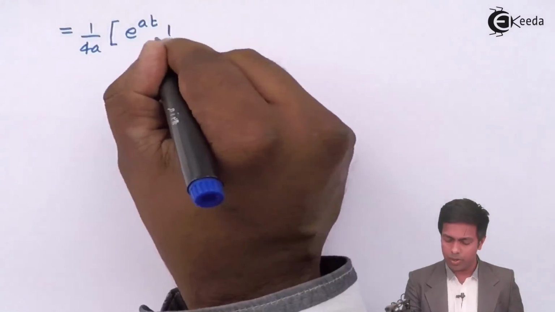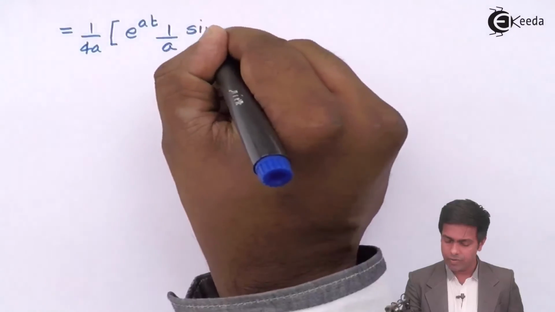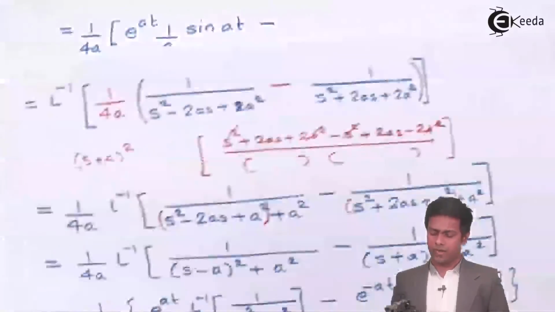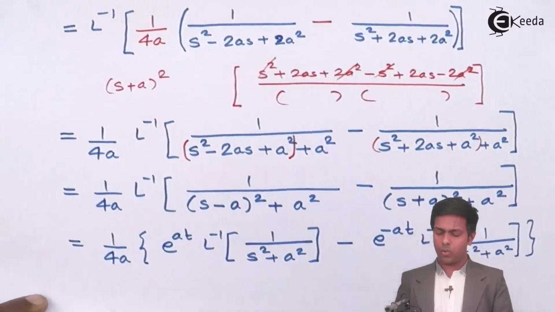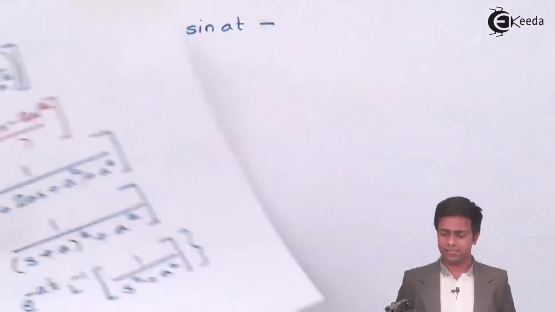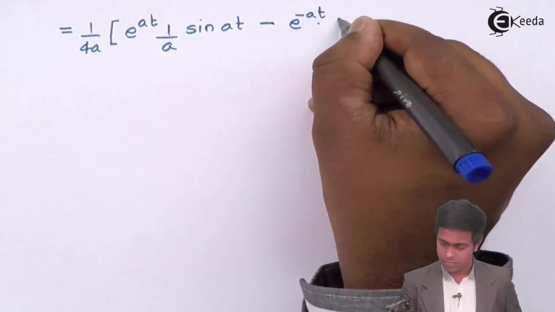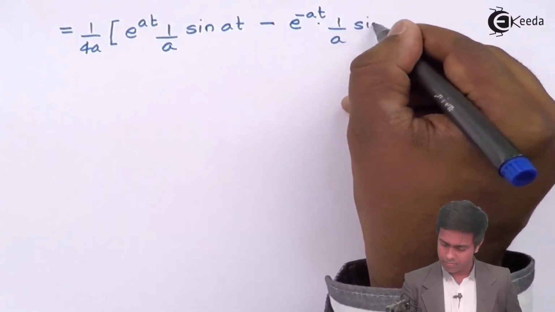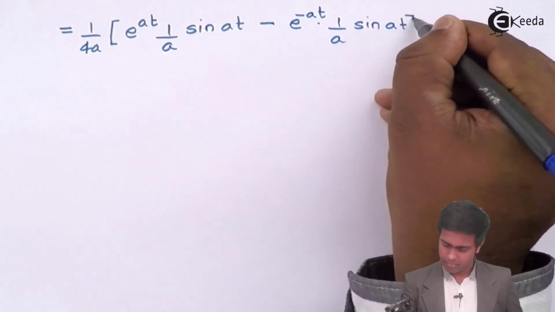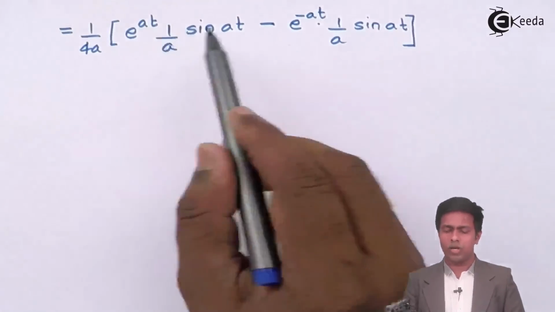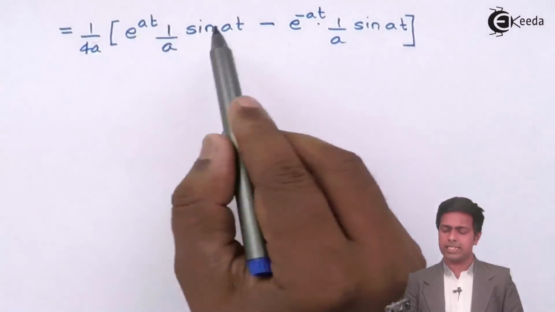So this is 1 by a sine of at. Similarly, here we will get e to the power minus at, 1 by a sine at. Now guys, from these two terms, I'll take 1 by a common and sine at common.